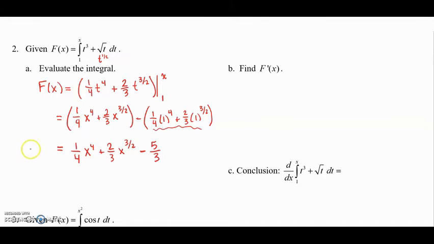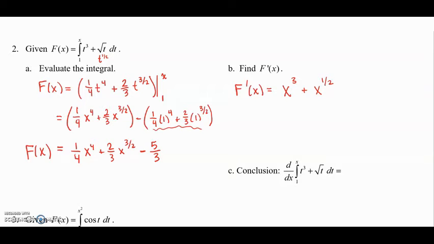Well, that's big F of x. Again, notice all we're doing is rewriting F of x in a different form than what was given to us. And then we are taking the derivative, f prime, and let's see what happens. The derivative of 1/4 x to the fourth is x to the third. The derivative of 2/3 x to the 3/2 would be x to the 1/2, and I'm going to leave it as x to the 1/2.